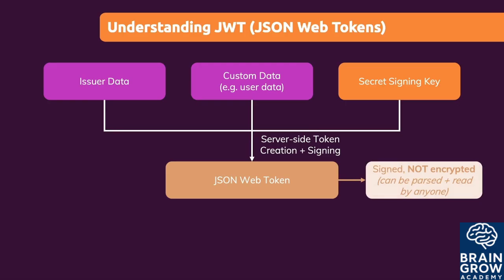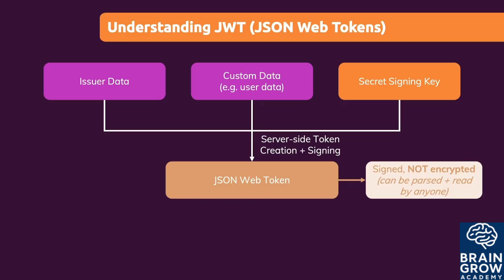You can unpack it and read the data inside of it without knowing that key. That key only proves that a given server created that token. But you can read the content of the token without knowing that key. The key, of course, will not be included in the token though, so you can't read that key, even if you unpack the token.